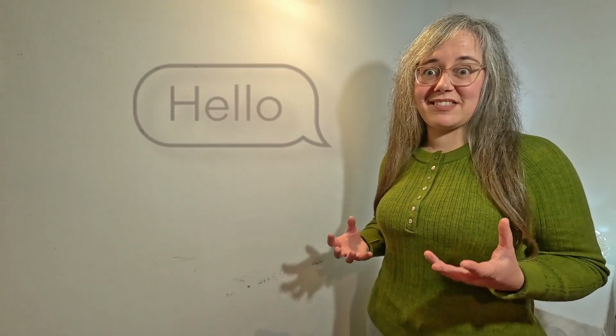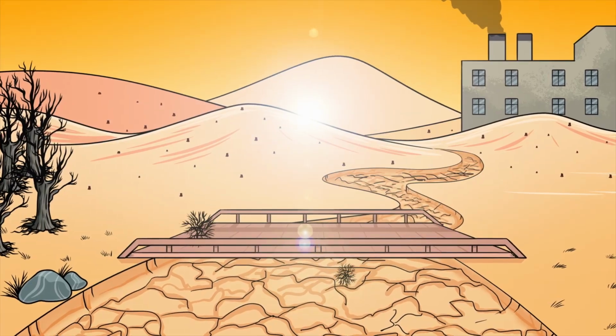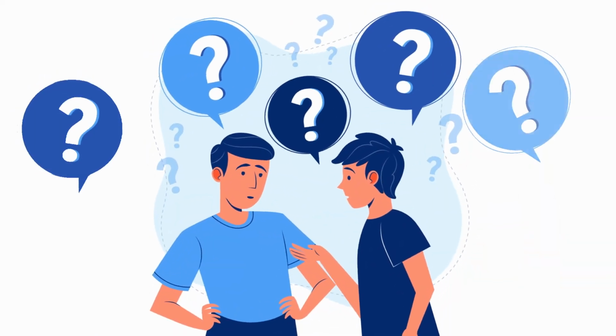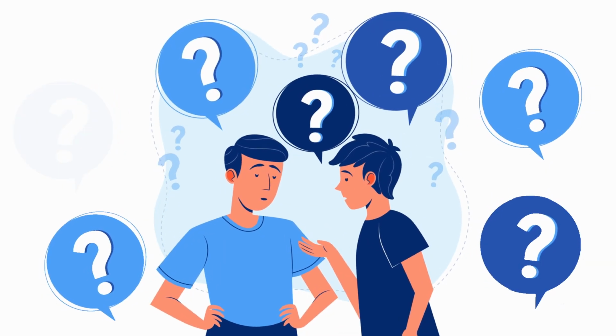Do you ever just stop speaking in English because you don't know the correct word? Well, in this video, we'll look at what you can do when you don't know a word, when you think you know a word, but you're not completely sure if it is the correct word, and when you really do know a word, but you just can't think of it at the time when you need to say it.